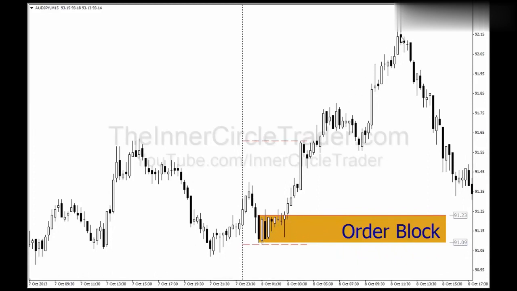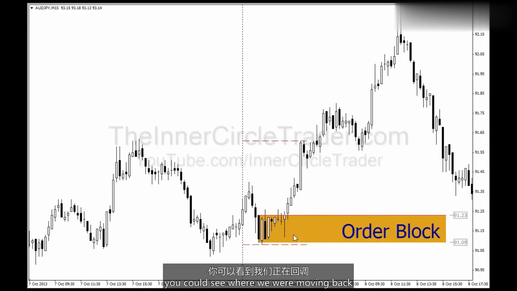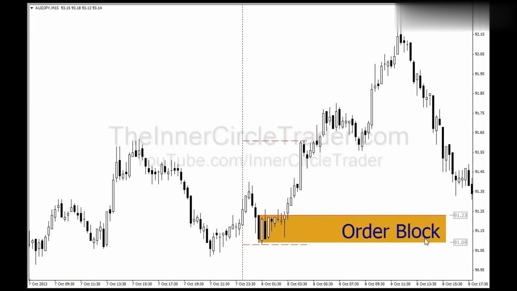And this price swing here, I tweeted asking everyone that were interested that if they would study this, you could see where we were moving back into an anticipated level of potential order block, institutional.